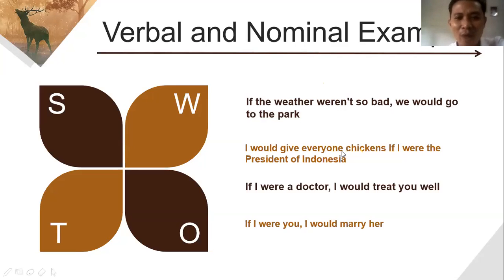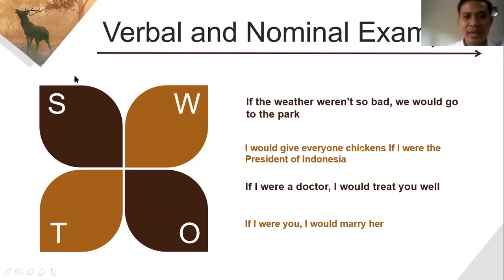So I would give everyone chicken is verbal, and if I were the president of Indonesia is nominal because we don't have a verb. If I were a doctor, I would treat you well. So it's mixed, right? Verbal and nominal. That's okay in the sentence. If I were you, I would marry her. But the fact is you are not her.